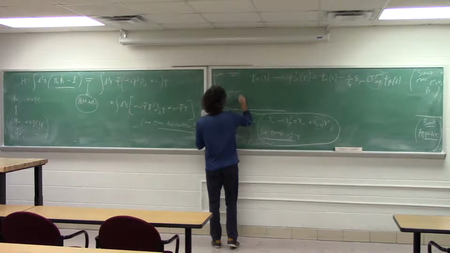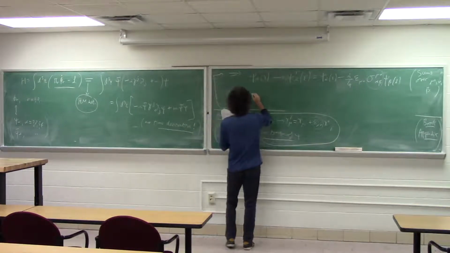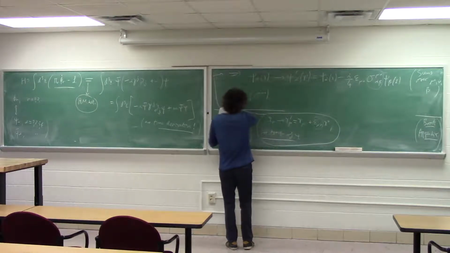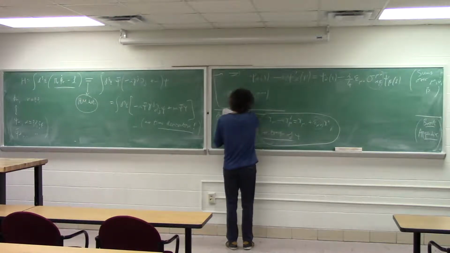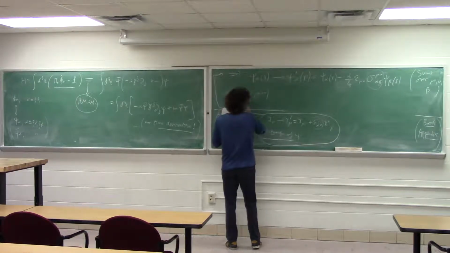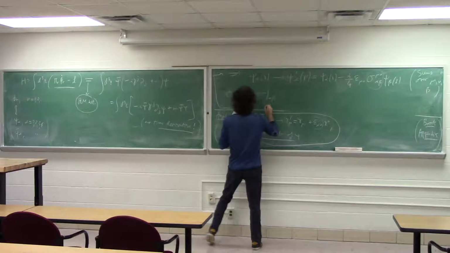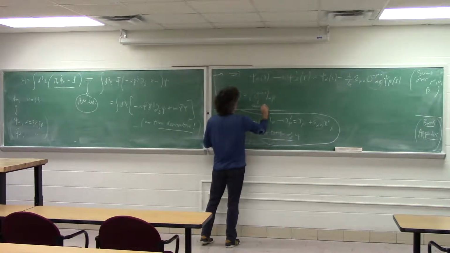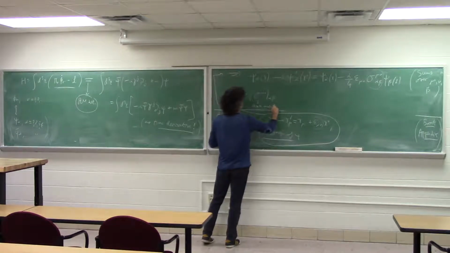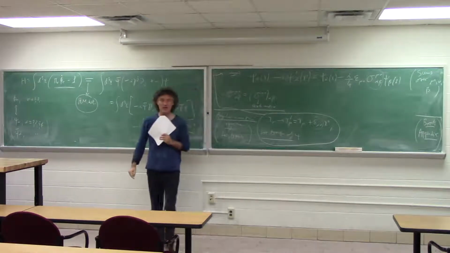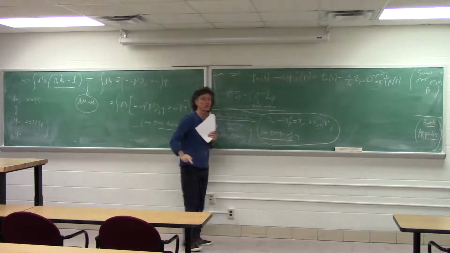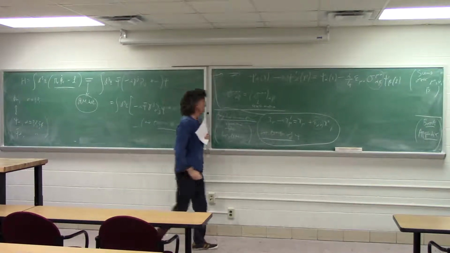Sigma mu nu alpha beta is equal to, this is just the alpha beta. So here I've got a 4 by 4 matrix. Sigma mu nu is a 4 by 4 matrix. And this quantity here is the alpha beta component of that 4 by 4 matrix.